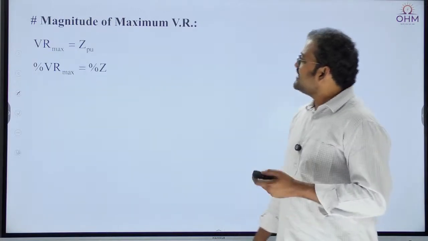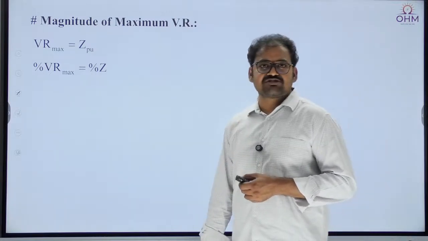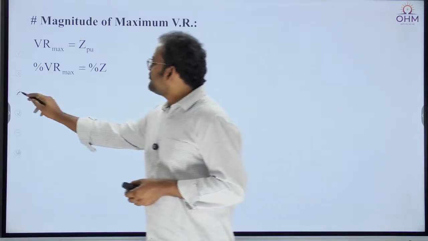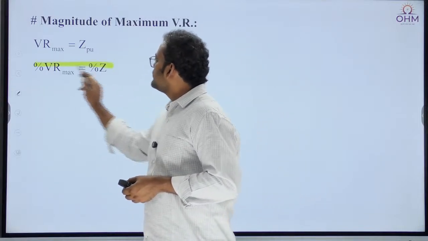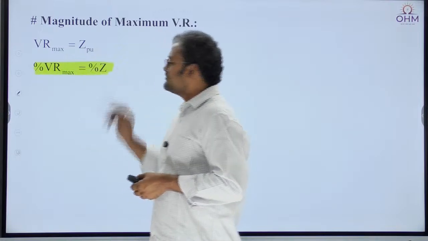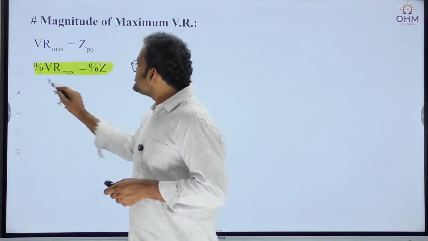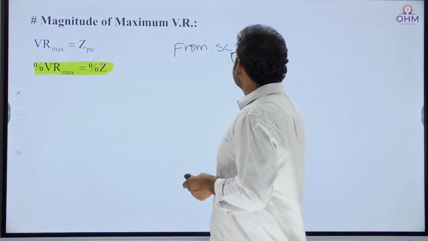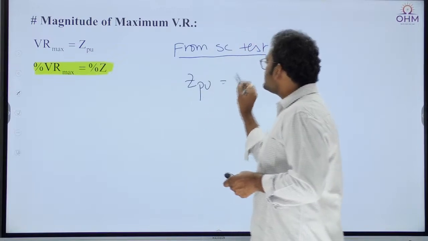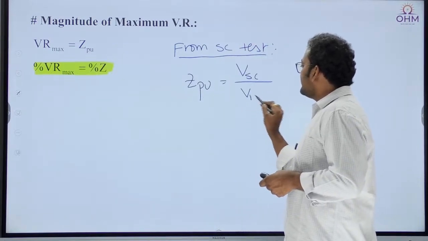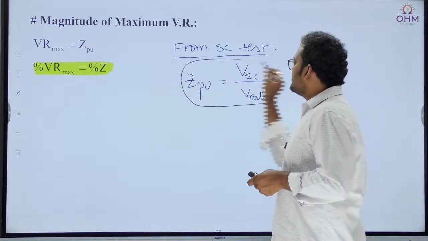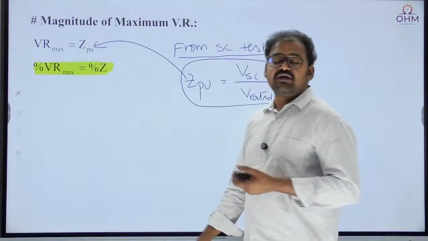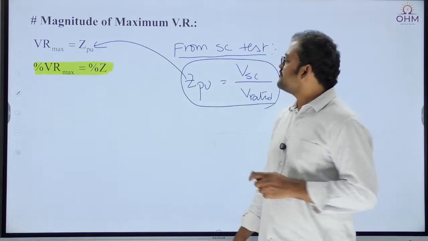And then the magnitude of the maximum regulation. When I say regulation is maximum, how much is its magnitude? Maximum voltage regulation magnitude is equal to the percentage impedance of the transformer. Remember, percentage impedance you can calculate from the short circuit test. You remember the formula? In the short circuit test, I told you Z per unit is equal to VSC by V rated. So by using a short circuit test, you can find the per unit impedance, and that per unit impedance is nothing but the maximum voltage regulation of the transformer.